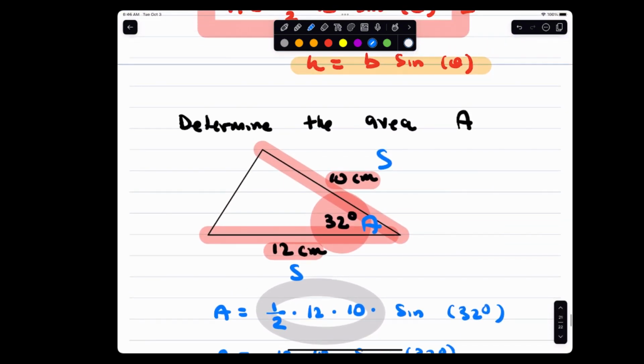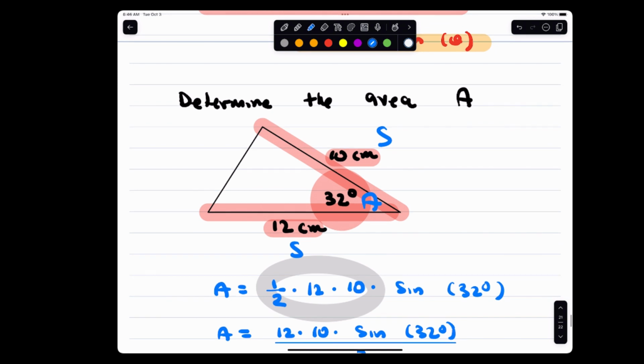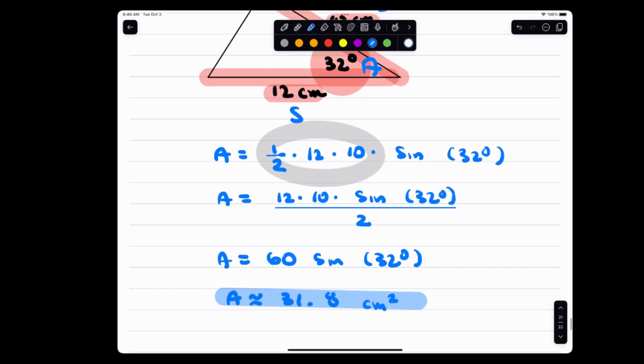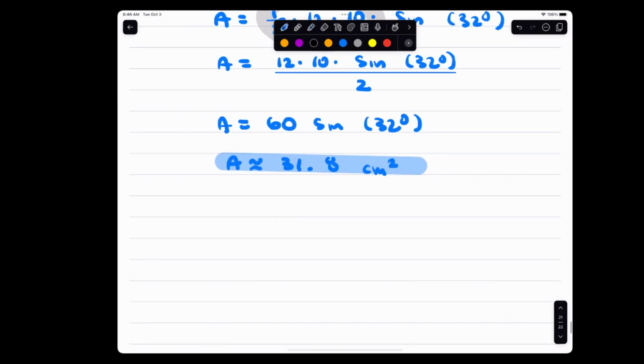So we're just going to use that area formula. And this is called side angle side, by the way. You say, why is that called side angle side? Because you have a side and an angle that's between two sides. Okay, so this is a side angle side situation. It doesn't matter.